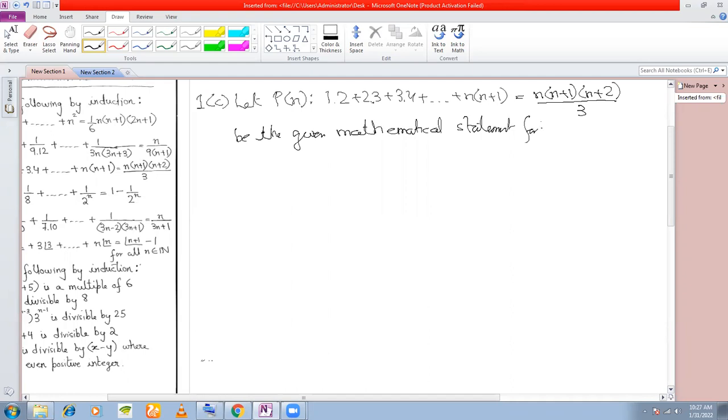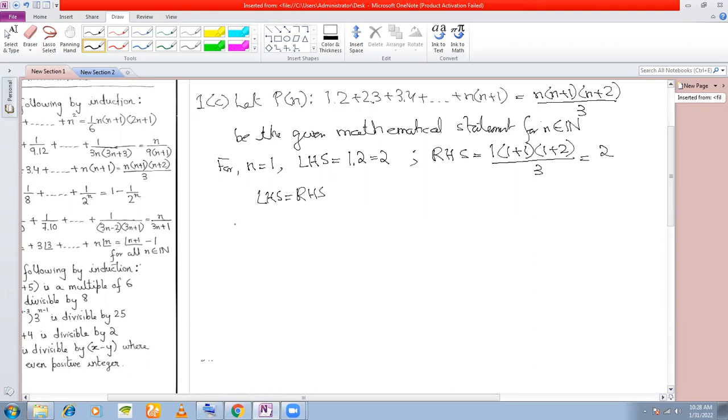For obviously n belongs to N, right? For n is equal to 1, what is the left hand side? 1 is the first term, right? 1 into 2, which is equal to 2. And the right hand side is 1 into 1 plus 1 into 1 plus 2, entire thing divided by 3. So you get this also equal to 2. Okay. So left hand side is equal to right hand side.